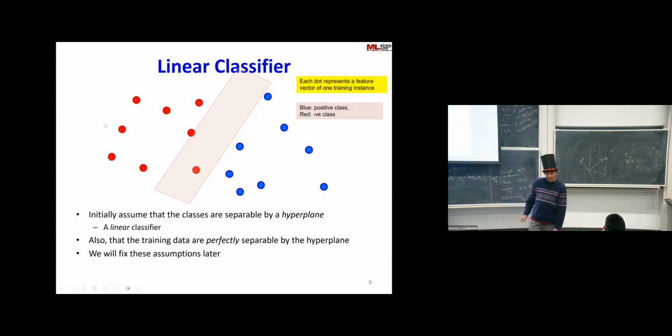So what is this equation, W transpose X equals 0? It is the set of all x's that are orthogonal to W, correct?